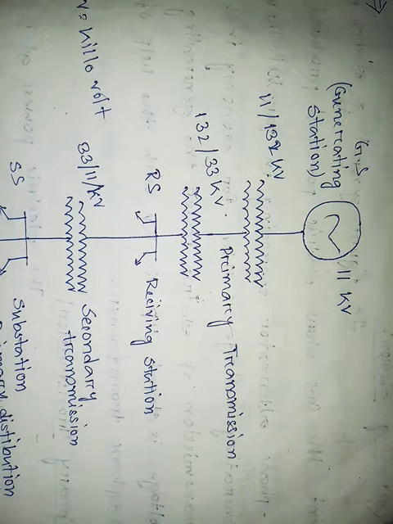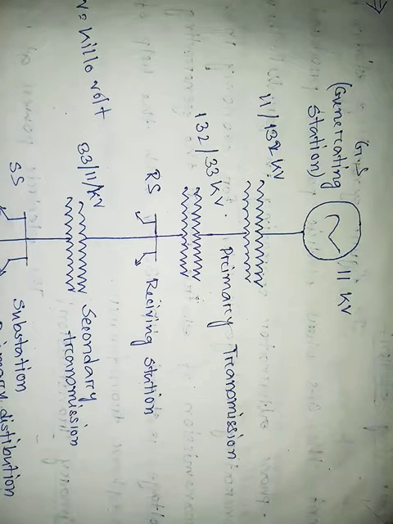First of all, consider that you produce 11 kV as a three-phase power. For economy in the transmission of electrical power, the generation voltage should be taken as 11 kV and is stepped up to 132 kV.